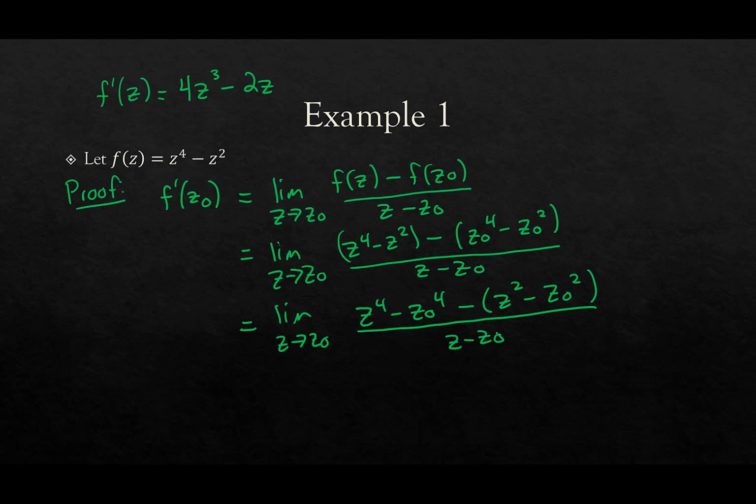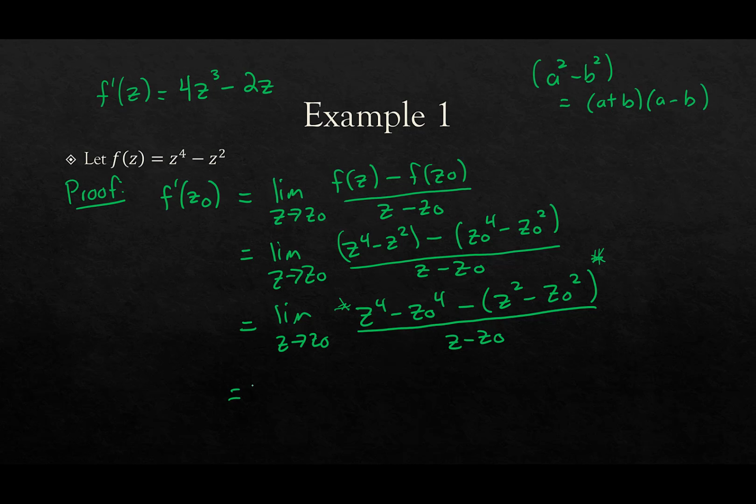Now notice I have the difference of two squares on the left and the right here. And remember, what's the difference of two squares? If I have a squared minus b squared, what's that equal to? That's equal to a plus b times a minus b.